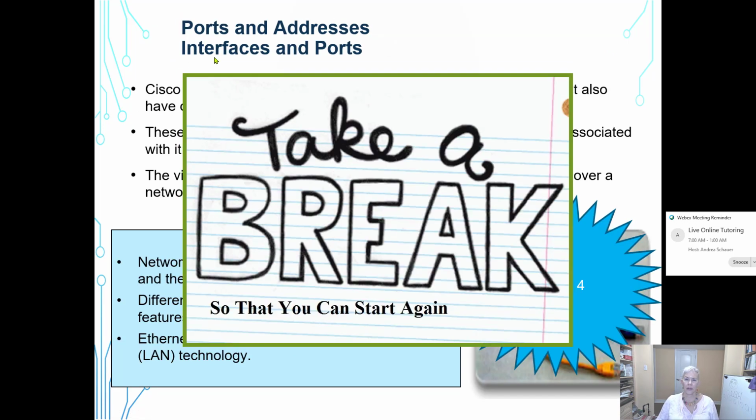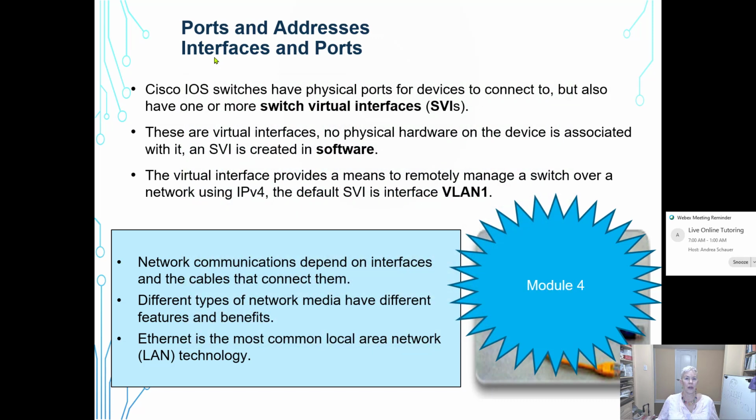We're coming towards the end. If you think you need a break, take a break, because this is another super important concept and topic that will come up forever in networking. And that's ports and addresses, interfaces. And we're specifically going to talk about something called an SVI, a switch virtual interface.